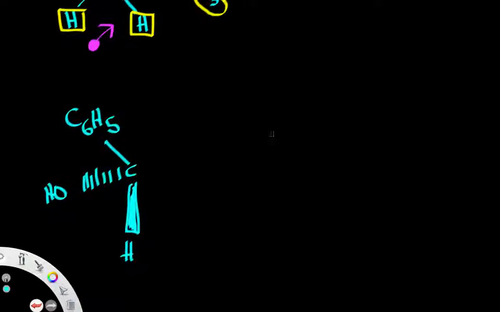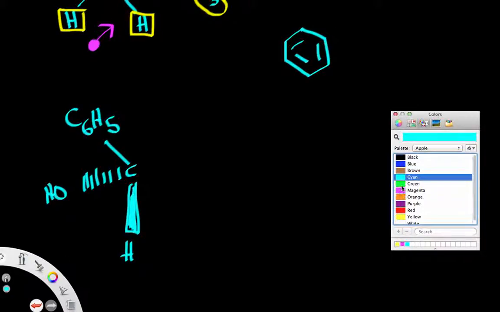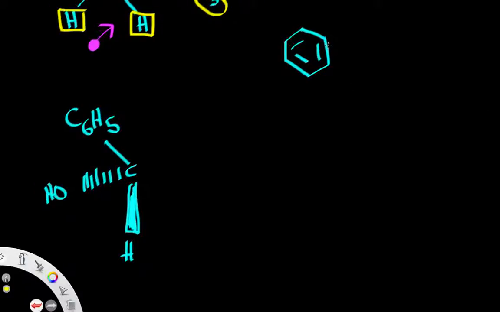C6H5. And by the way, C6H5 is simply a benzene ring, and we can verify that by just looking at it like this. So we'll add some hydrogens to this. And we can add this one. And this will just be an R, and that just represents the rest of the molecule.